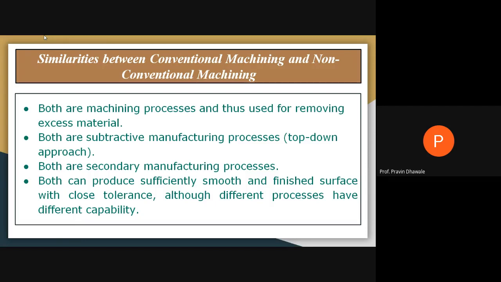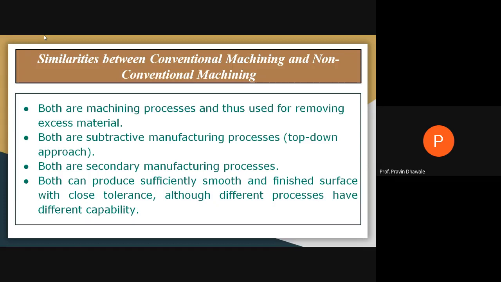As in earlier slides or lectures, we divided manufacturing processes into two categories: primary manufacturing process and secondary manufacturing process. In primary manufacturing, we provide the basic size and shape to the workpiece, like the casting process and the forging process, right? But in secondary manufacturing, we provide the final shape to the object.